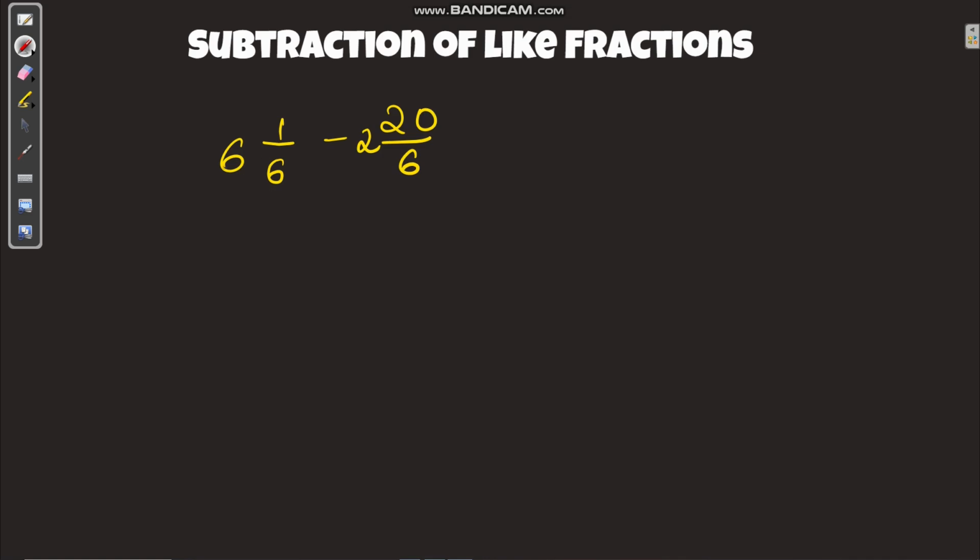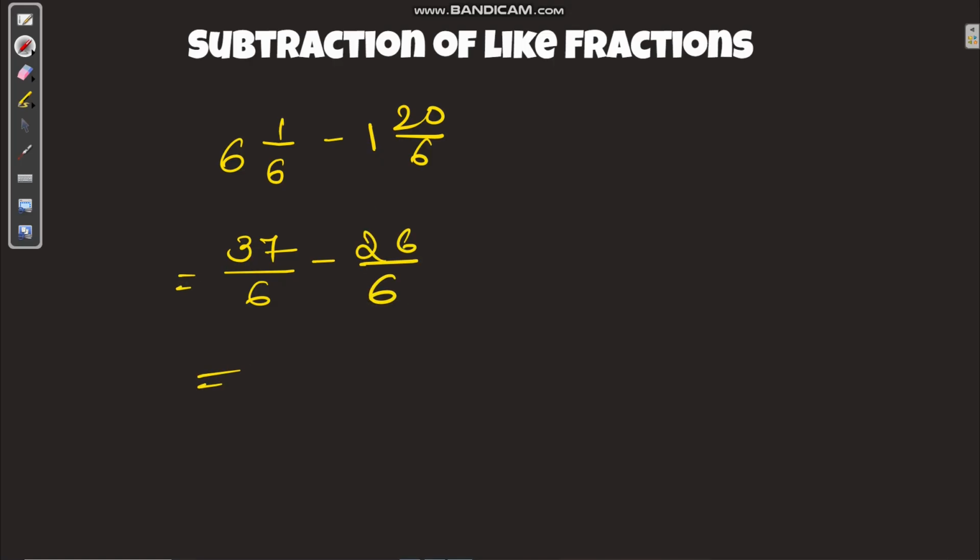Here you convert: 6 sixes are 36, plus 1 is 37. You will get a negative answer, so let's make it 1 20 by 6. 37 upon 6 minus 6 plus 20 is 26 upon 6. I just wanted to keep the answer positive, that's why I've changed the number.